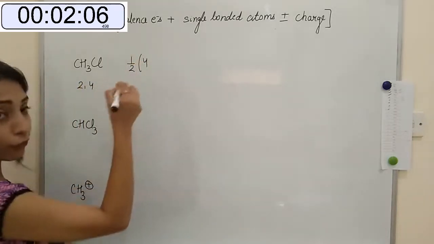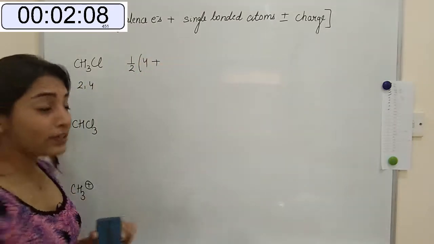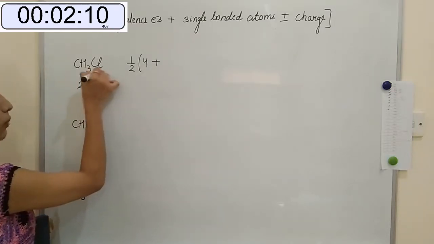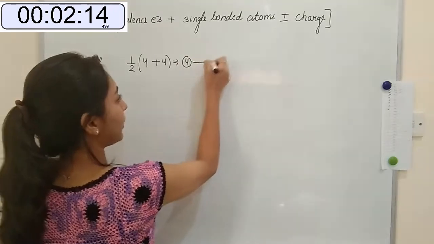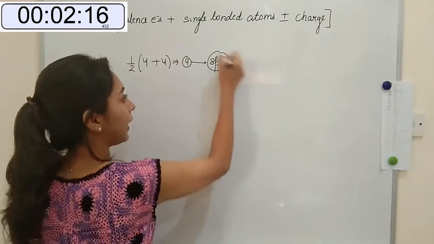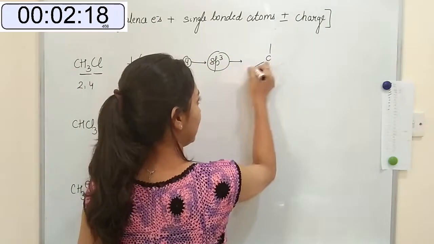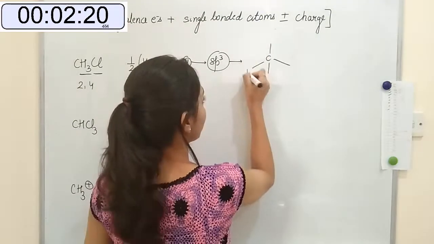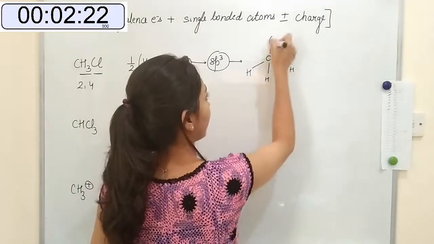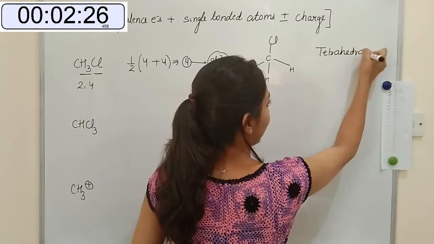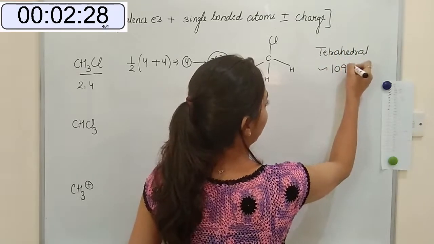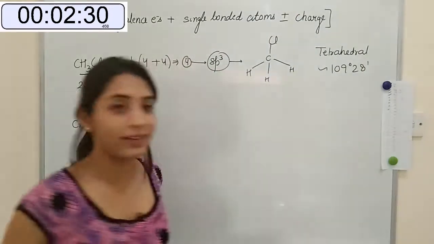Half 4 plus number of atoms attached by single bond. So 3 hydrogens, 1 chlorine, 4. That means 4. 4 means sp3. sp3 means I have 3 hydrogens and 1 Cl. So the shape is again tetrahedral and bond angle is approximately 109 degree 28 minutes.